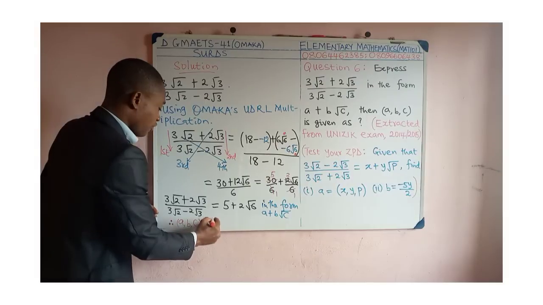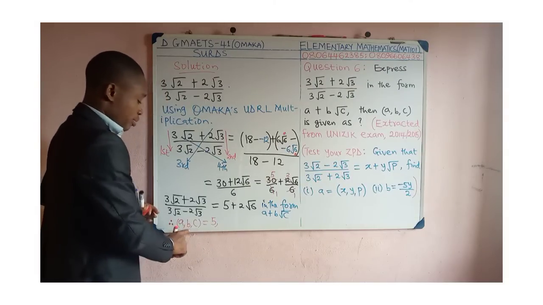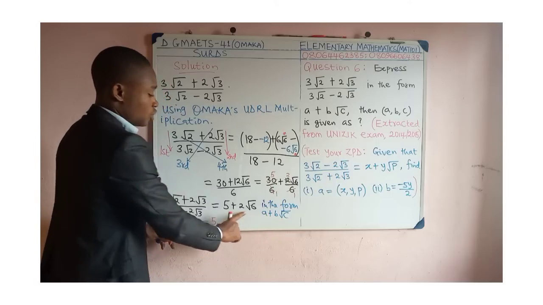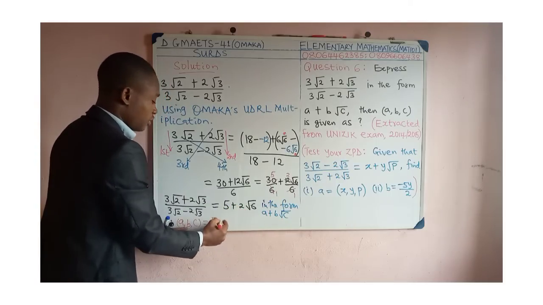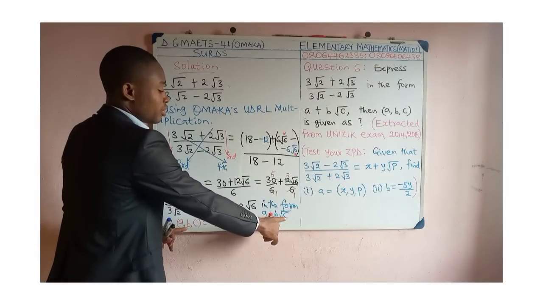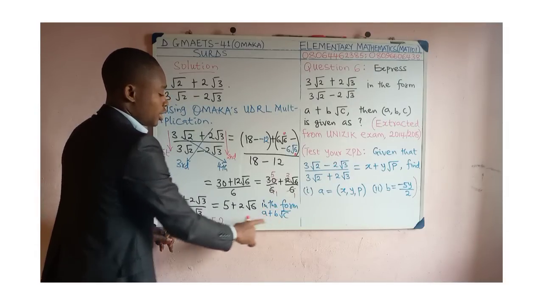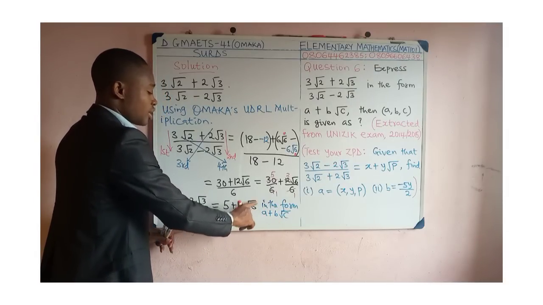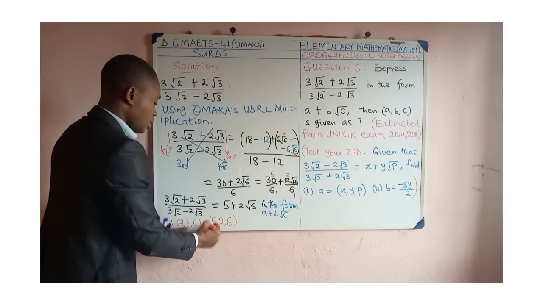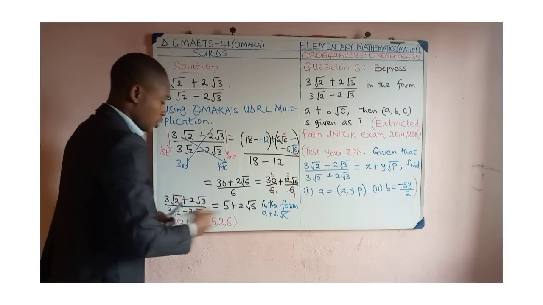So A will be equal to 5, then comma B. Come over here, B is the multiplier of this surd. So you come to this, 2 is the multiplier of this surd. So B is 2. And then C is the term that is enclosed by the root sign. Come over here, 6 is that term enclosed by the root sign. So C is 6. And this is our result, answer.